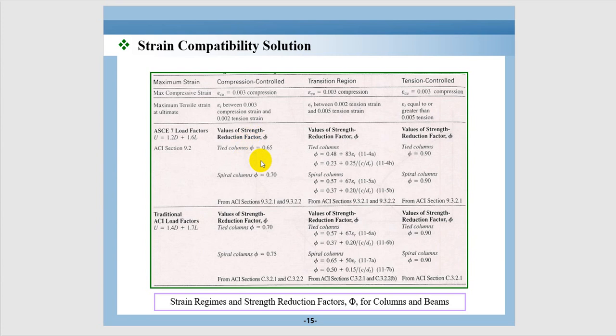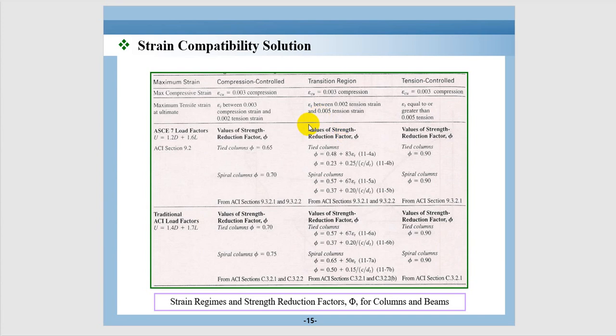However, the phi factor is directly related to the economy of the design, so we want the phi factor to be as big as possible unless it violates the design code. The strain compatibility will serve to determine the phi factors based on ACI here.